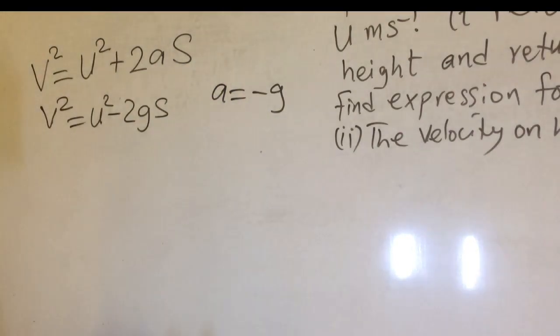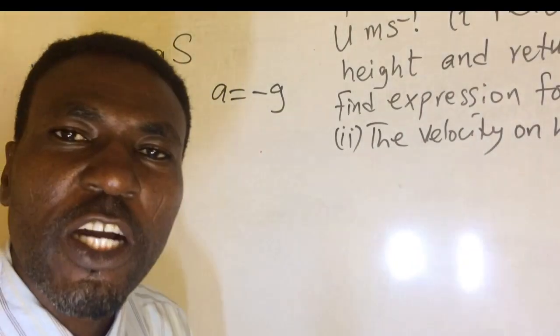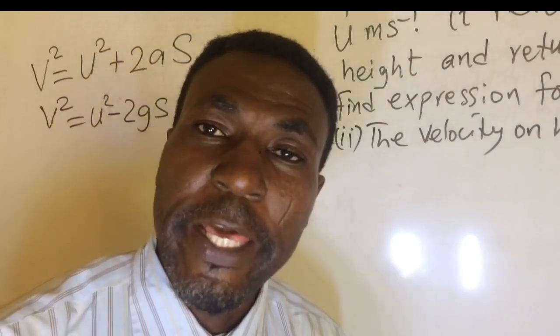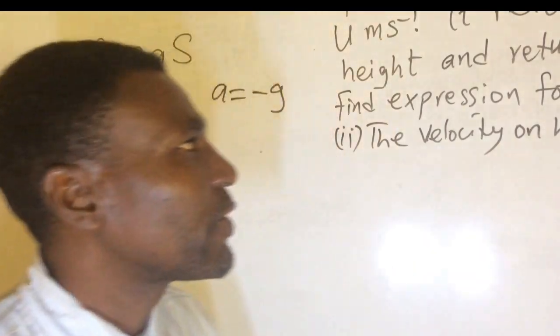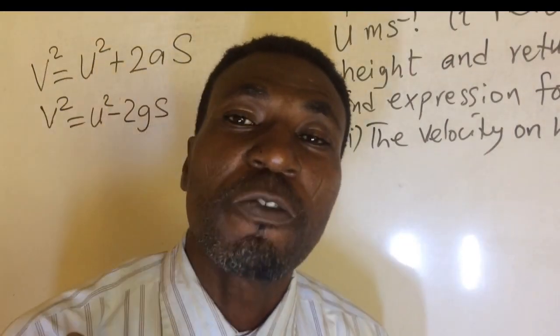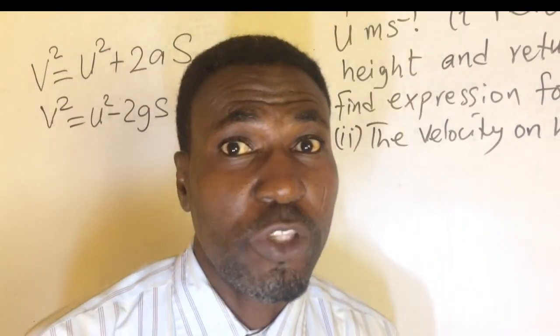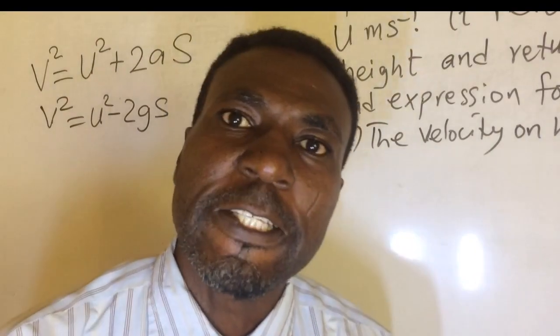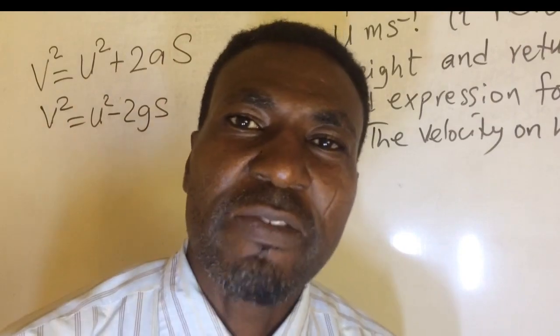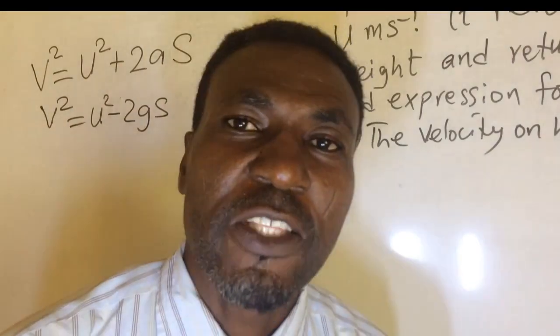From the question, they have given us the initial velocity to be u meter per second, and they are asking us the maximum height. We should find the expression for the maximum height.